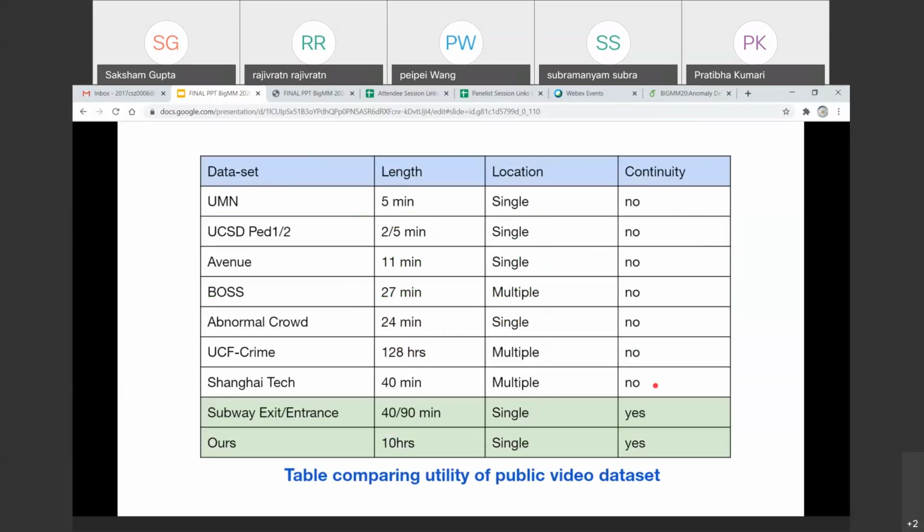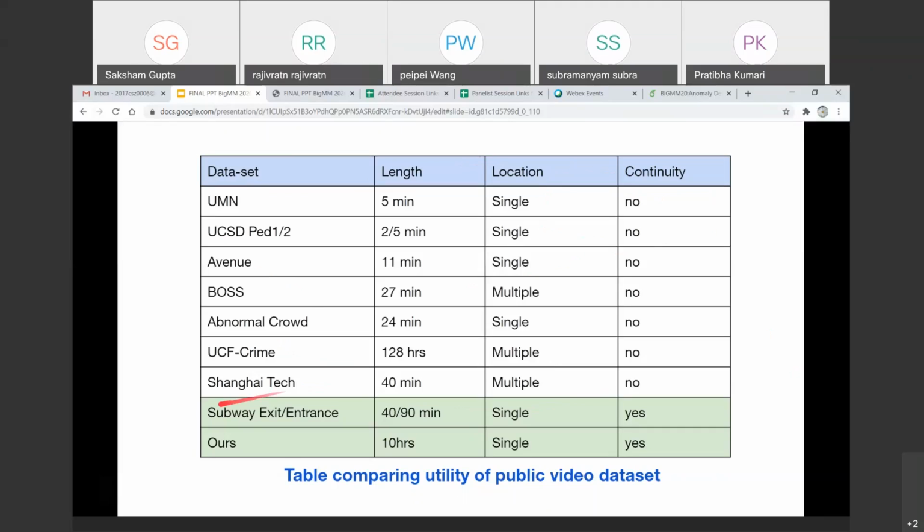In this table, I compare the public datasets with our dataset on length, location, and continuity. Location means the data is recorded at a single location or multiple locations. Continuity means recorded in one go or in multiple chunks. So we see that none of these datasets is suitable for our purpose, where the location should be single and the recording should be continuous in order to develop a scene-level adaptive model.